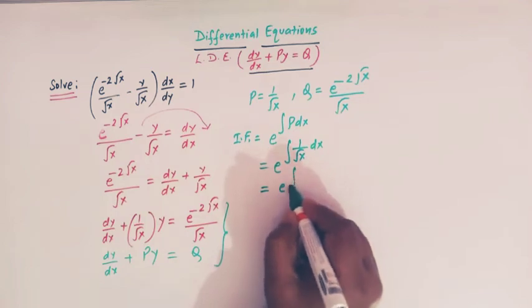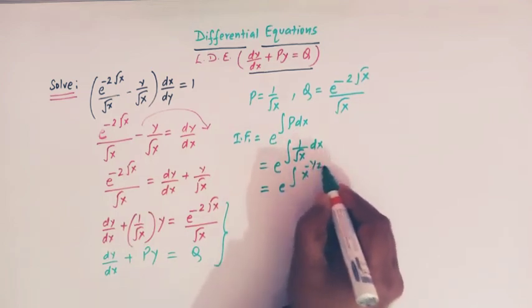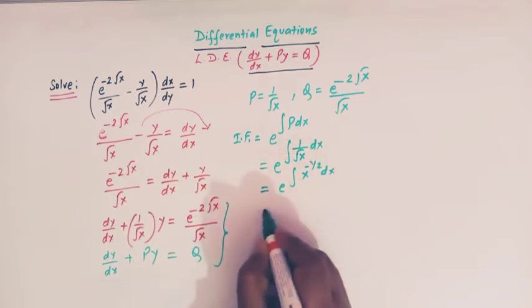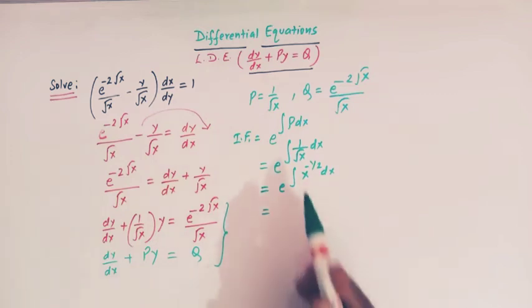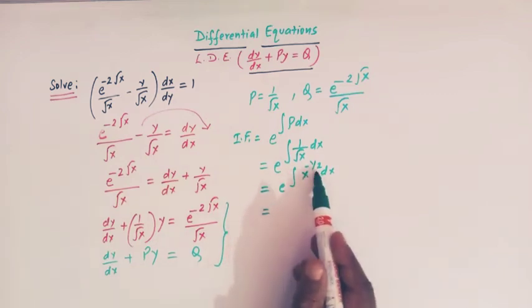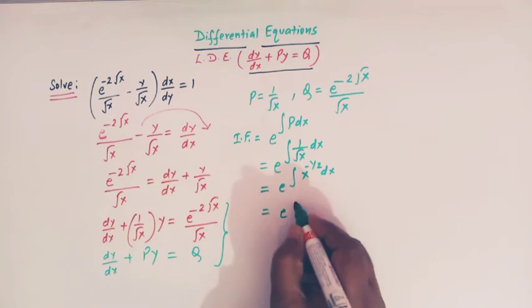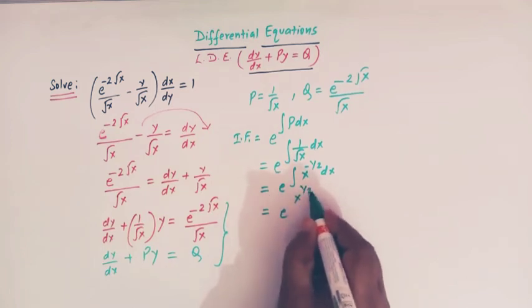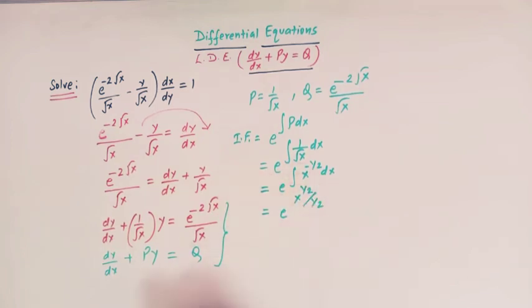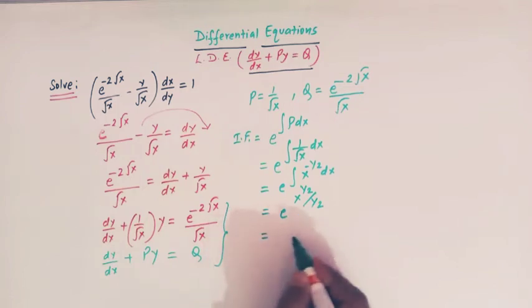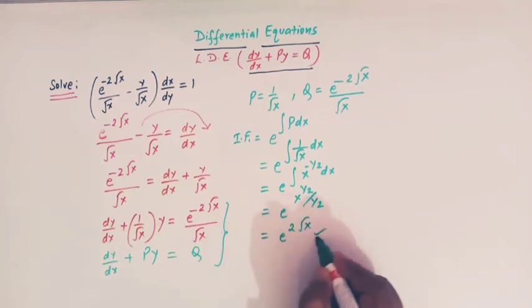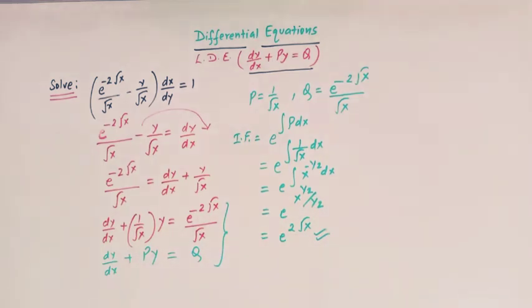And this can also be written as x raised to minus half dx, and the integral of x raised to minus half is given by x raised to half over half, right? And this is e raised to 2 times square root of x.